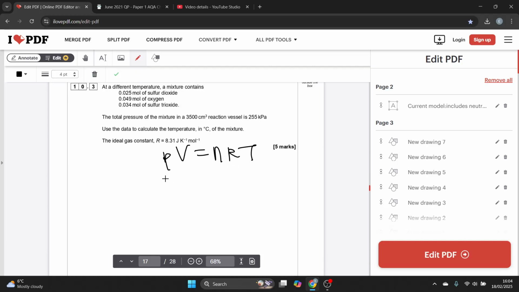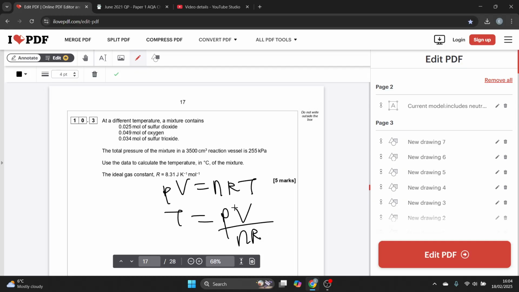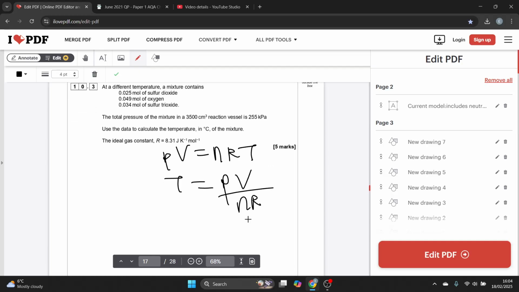I want to find temperature, so T equals PV divided by nR. I've got the pressure, I've got the volume, the number of moles, and R, and then that will give me temperature in Kelvin, and then I minus 273 to get the temperature in degrees Celsius.